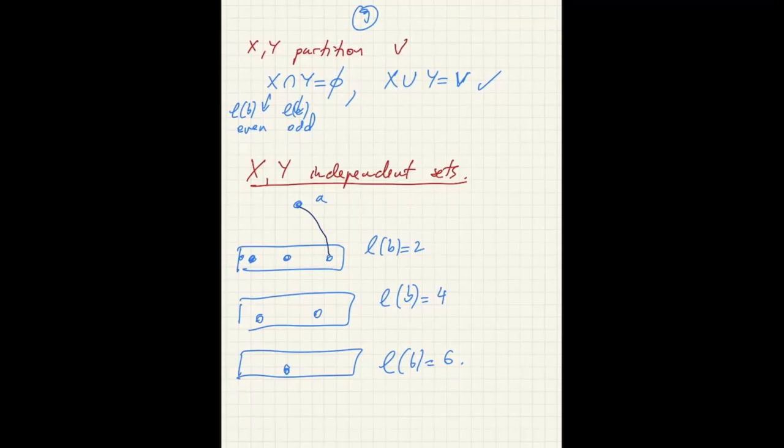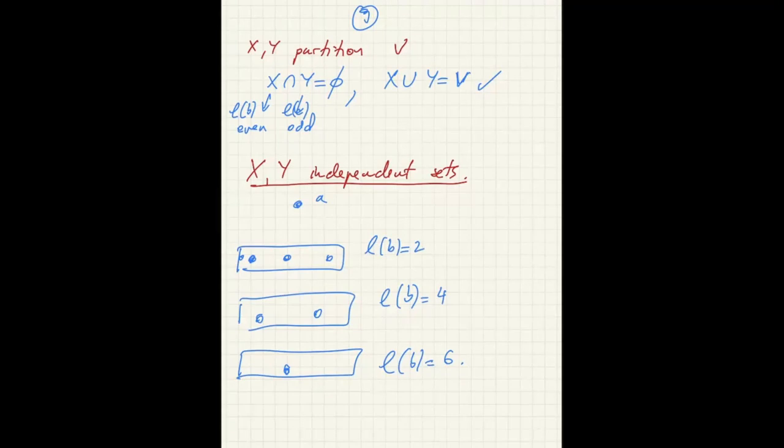So that would be a contradiction. Similarly, if I have an edge between a vertex at level 2 and one at level 4, then I have a path from A that has two edges on it, and with that edge, that will give me a path to this vertex here of length 3, but that vertex has the L value equal to 4. So that edge cannot exist either, okay?